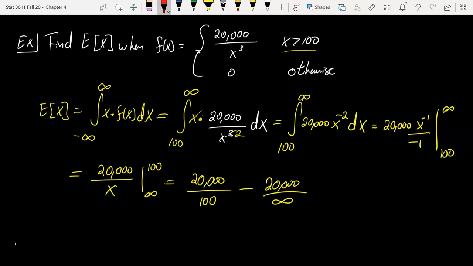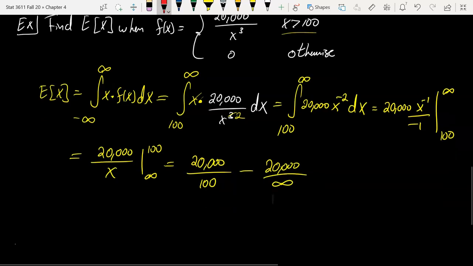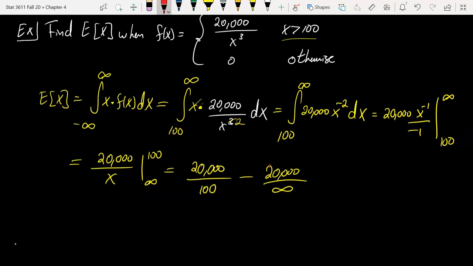Of course, this is bad notation as far as the calculus goes. Don't let your Calc 2 instructor see you do this. And if it's me, I will yell at you. But if we're in stats right now, we're going to loosely say 20,000 divided by a large number goes to 0. So this is 20,000 over 100. 200 is the expected value here.